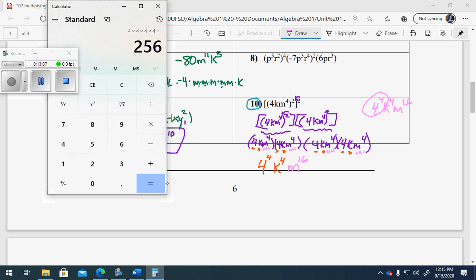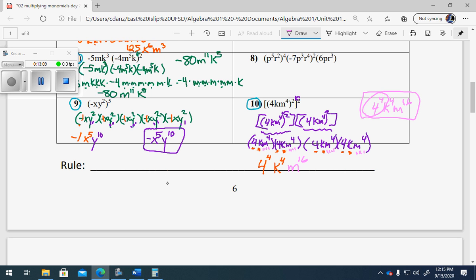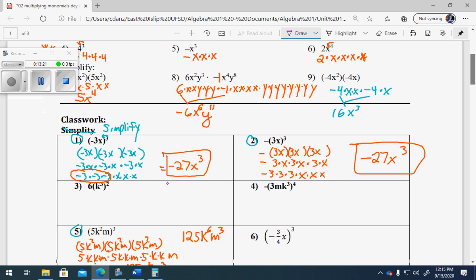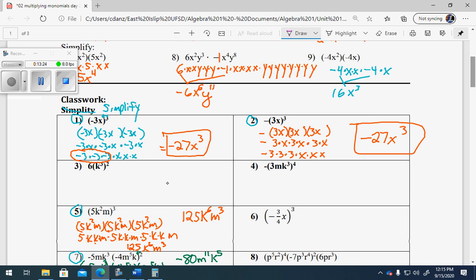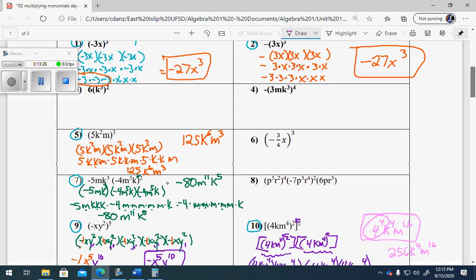I would accept what I wrote here, but I would also accept 256 k to the 4th, m to the 16th. And now you're going to do the other problems here on your own, and then check with me. So I'd like you to hit pause right now.